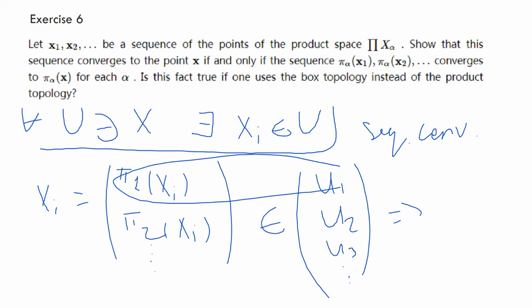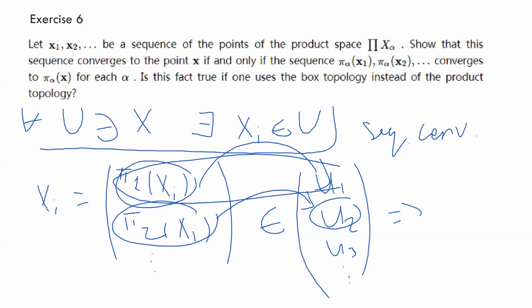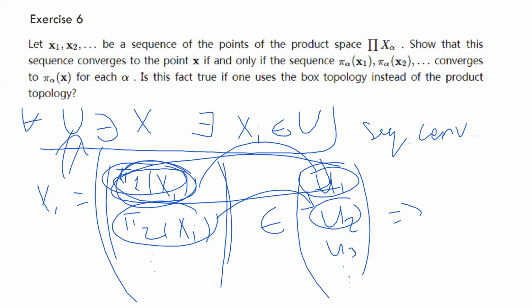This is inside of this, and this is inside of this, which is the same as saying that the sequence converges in each coordinate, right? And the other direction is very similar. You have all the sequences converging, and then from these sequences you build them together into a vector, and you get this statement, right? So I think that should be it.